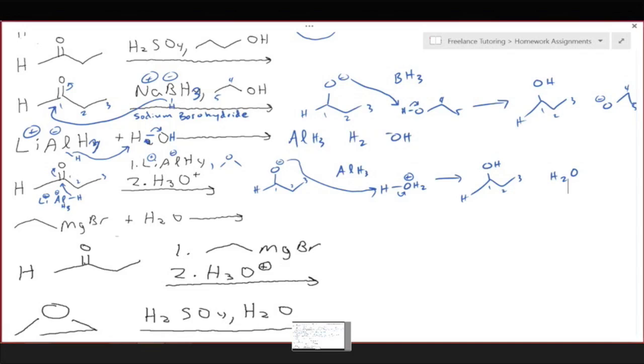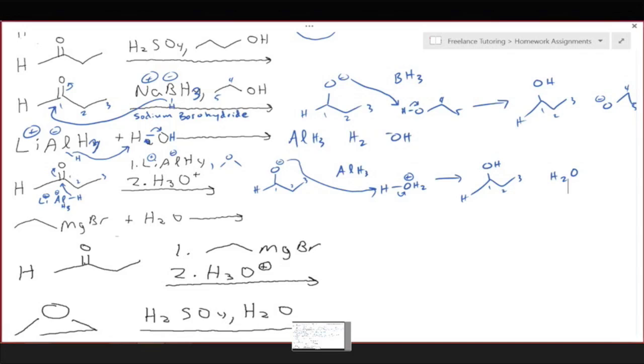An alcohol. Did we need to worry about the sodium borohydride doing an acid-base reaction with the alcohol? No, they're both weak. In fact, we could have used water. Could we use water with sodium borohydride? Sure, because they're both weak again. It's more conventional to use alcohol, but you could have used water as the solvent there.